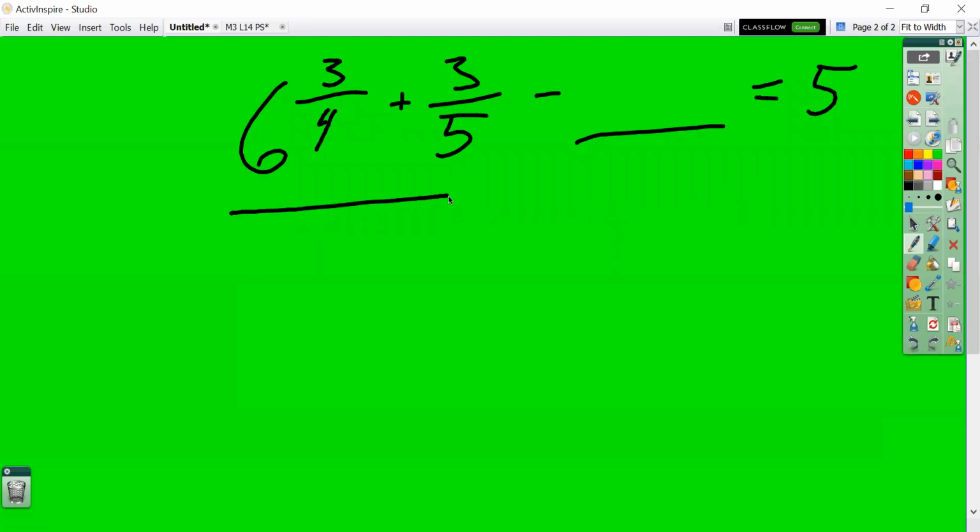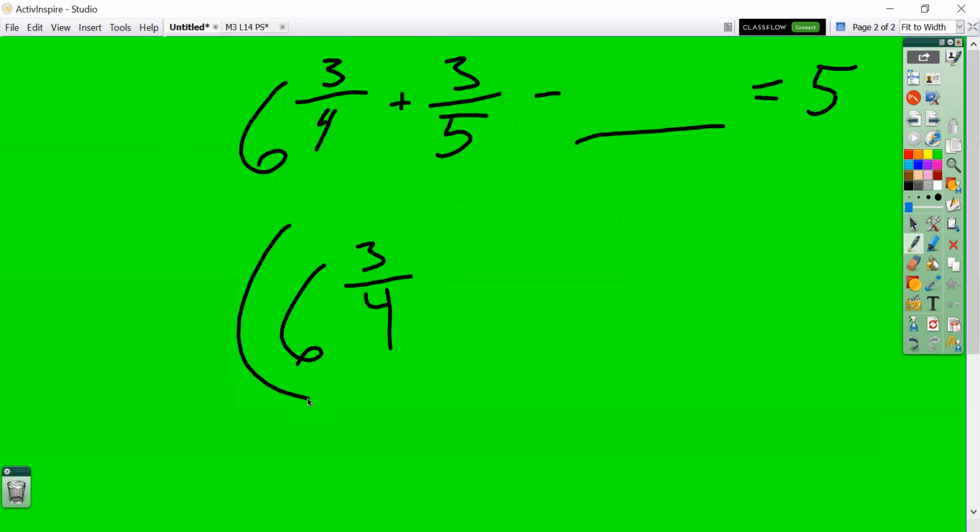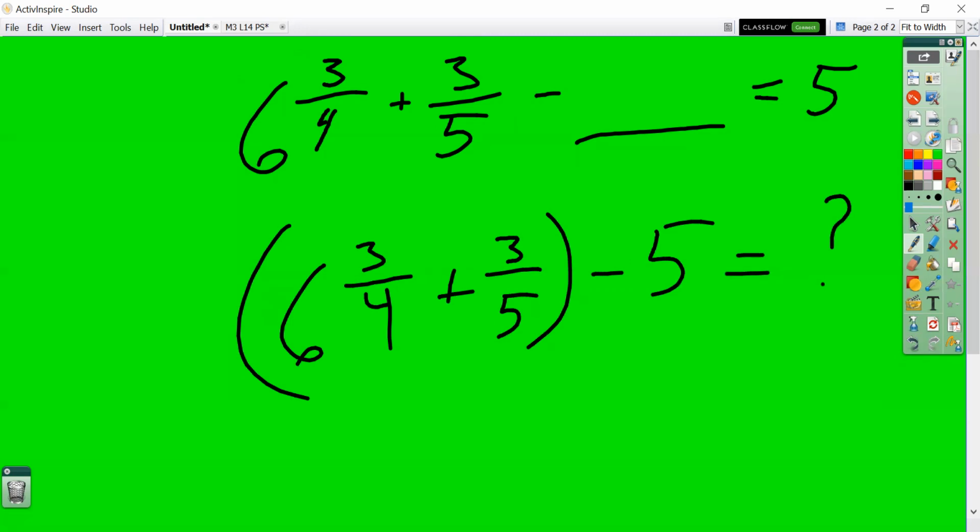So if we take this part of this equation and subtract that 5, we should be left with the part that gets us to 5. So let's go ahead and try that. Let's rename this 6 3/4 plus 3/5. But this time we're going to subtract the 5, and then we're going to equal what we're missing.